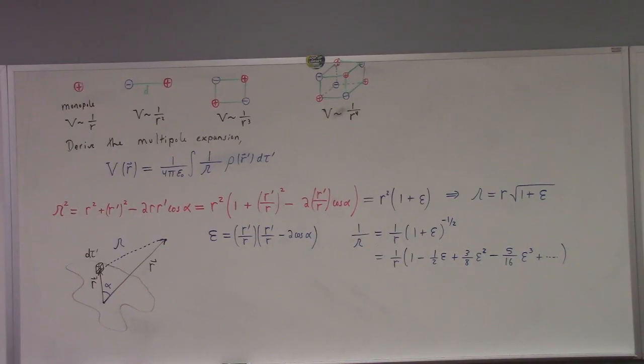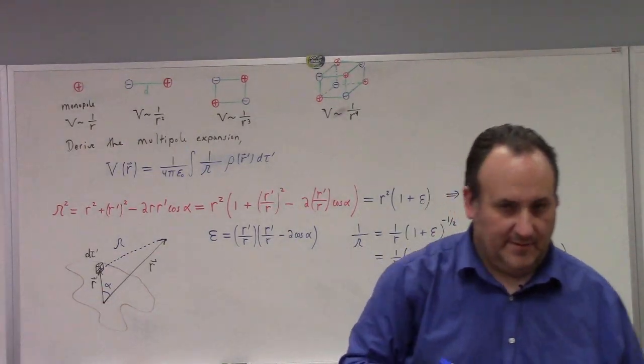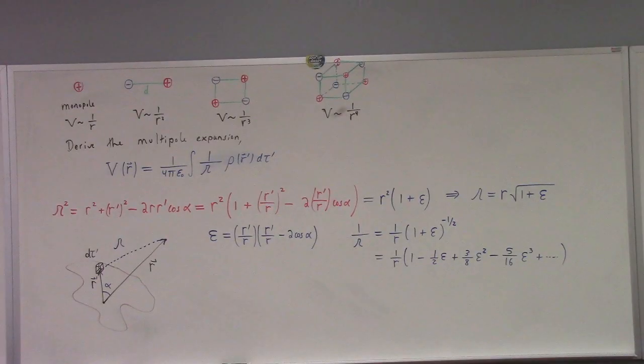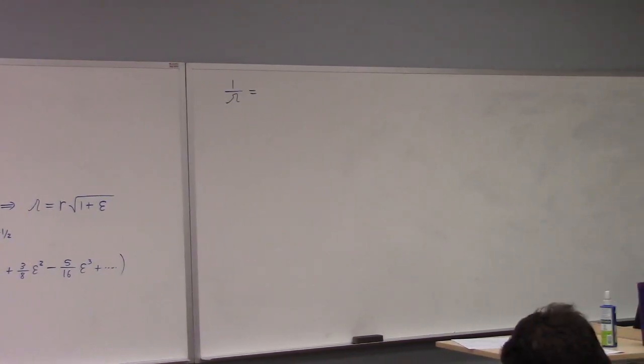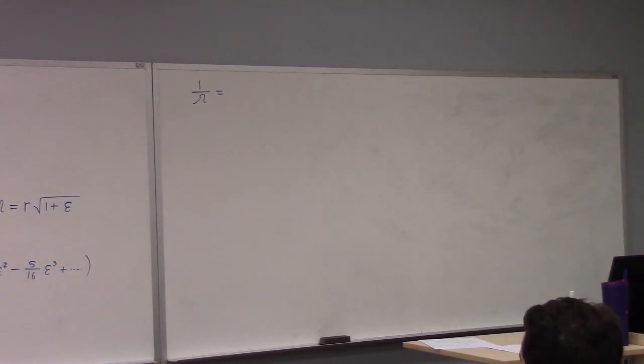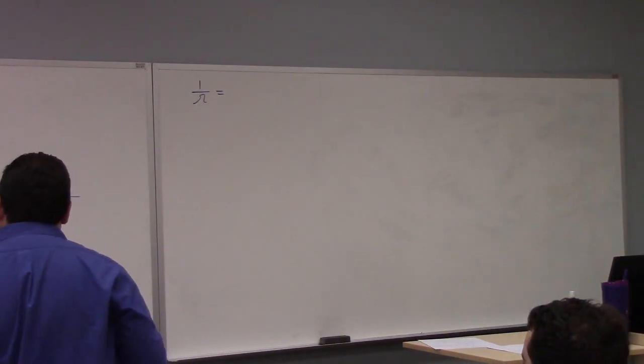So let's just muse on this 1 over script r here for a bit. Let's take our time and write this out. Once I write that out, I want you to see if it looks like anything you know. Here we go.